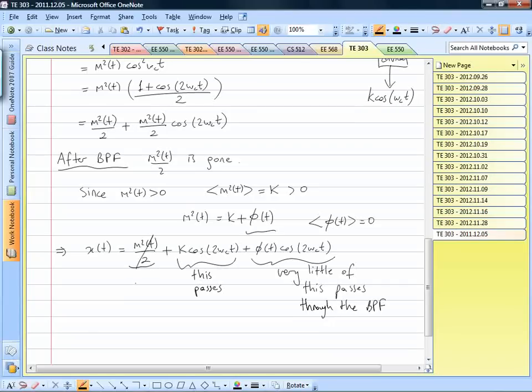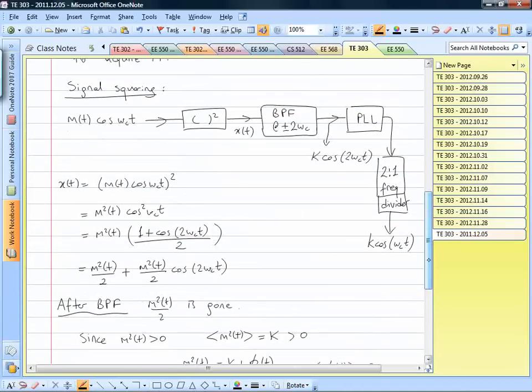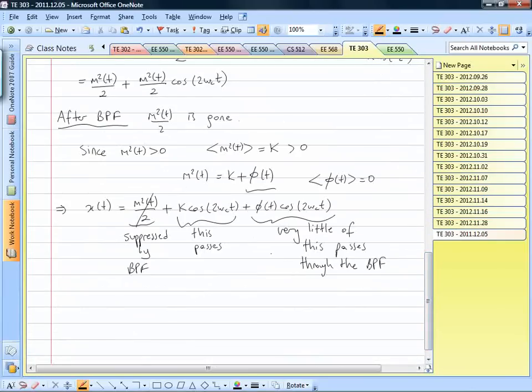It's not passing through, it's suppressed by the bandpass filter. Okay, so in the end what we get here is k cosine 2 omega ct, because we can ignore this little component there for the phi of t term.